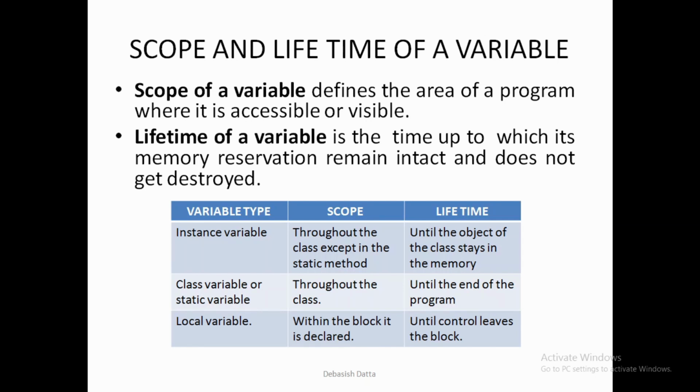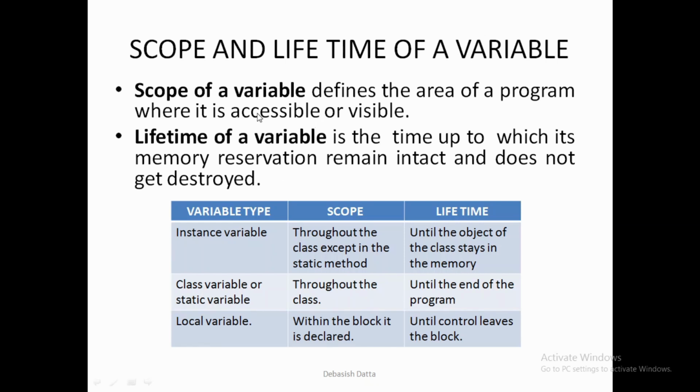You recall that. Its lifetime lasts until the object of the class stays in memory. So as long as the object inside which the instance variable is declared stays in the computer memory, that is RAM, its lifetime persists.